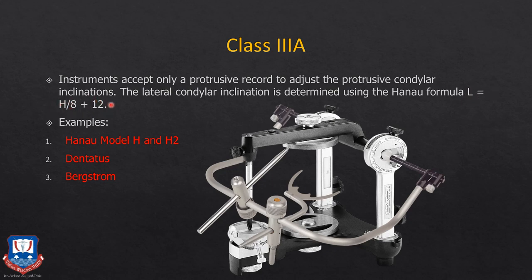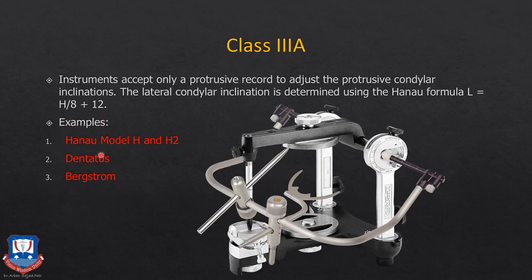So we can determine the lateral condylar guidance using this formula, and it is set here on the base of the lower member. You can see some readings here. These are for the lateral condylar guidance which we obtain from the formula. The horizontal condylar guidance is set by the protrusive records which are obtained from the patient.